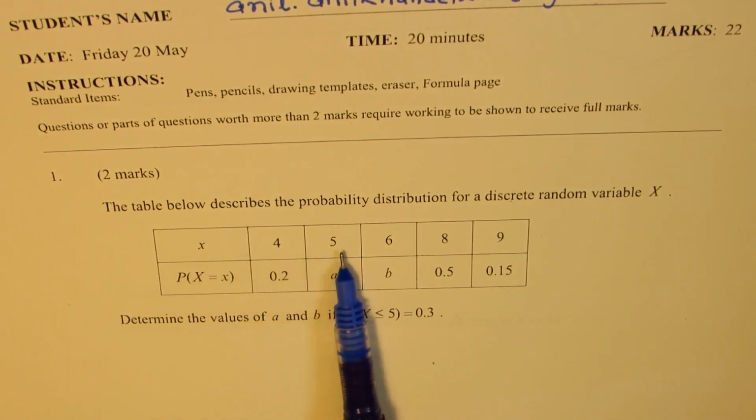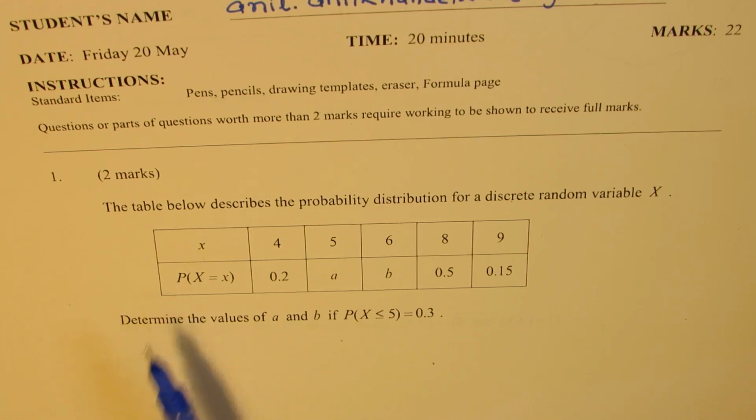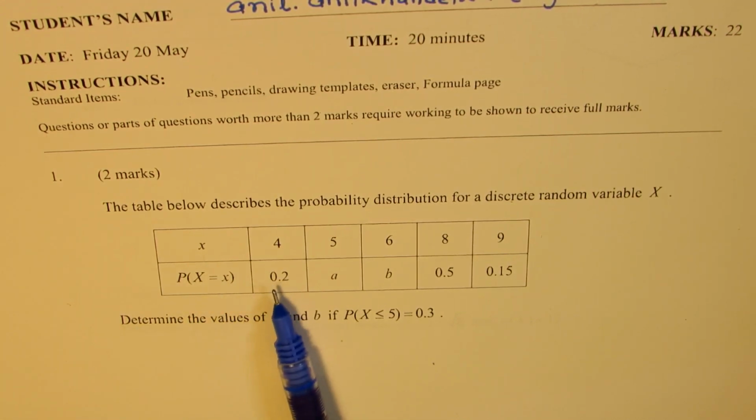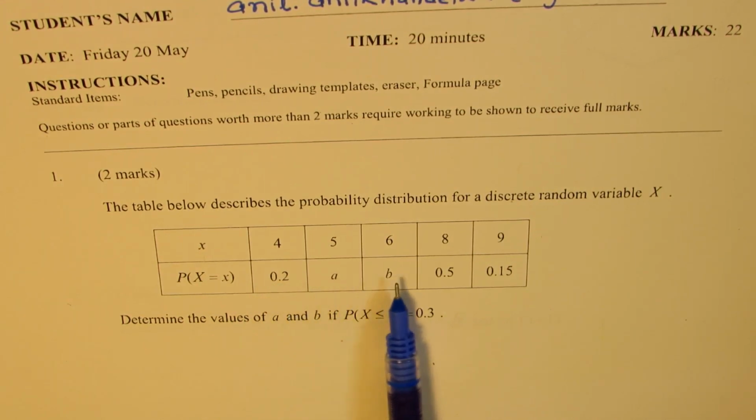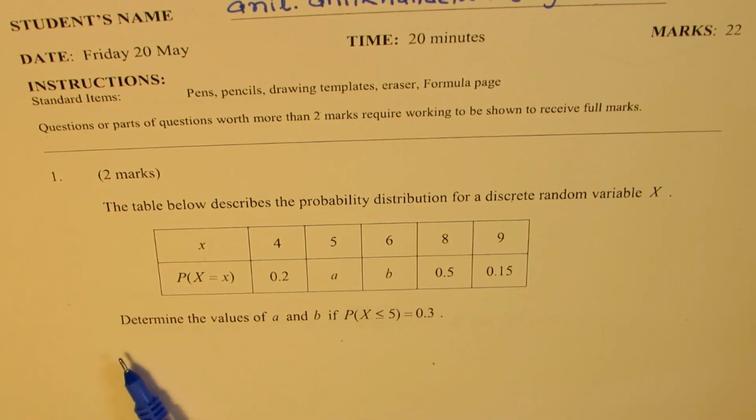For x equals 4, 5, 6, 8, and 9, the probability is given as 0.2, a, b, 0.5, and 0.15. The question is, determine the value of a and b if probability of x less than or equal to 5 is 0.3. Good. So how do we solve this?